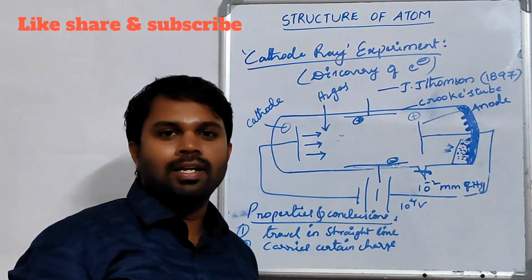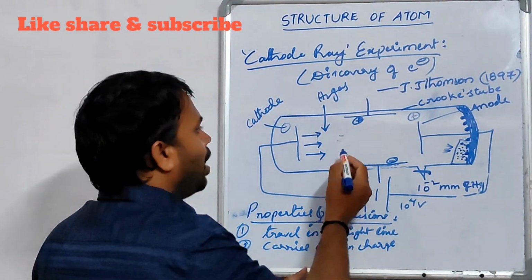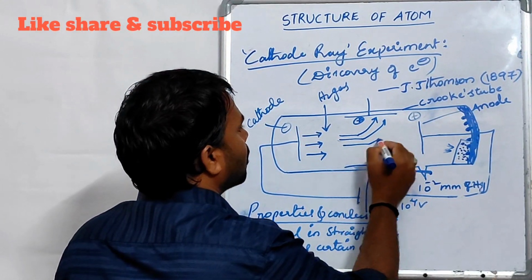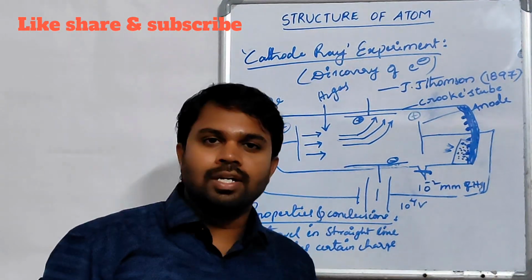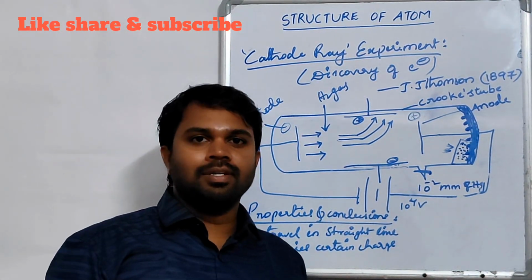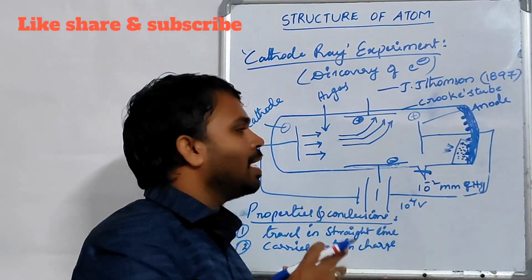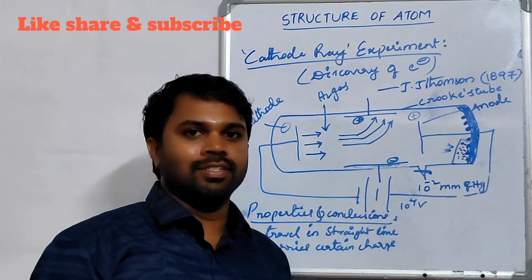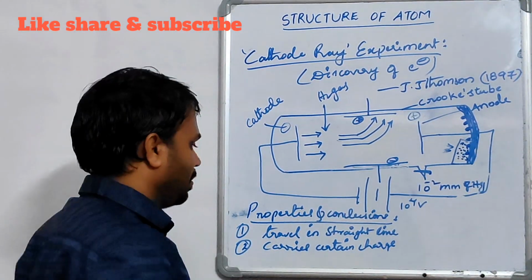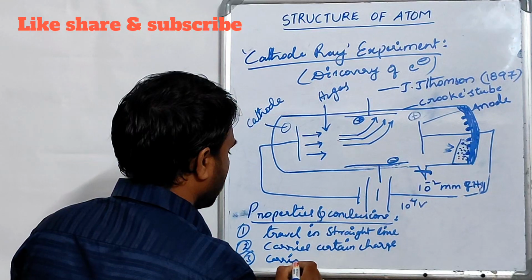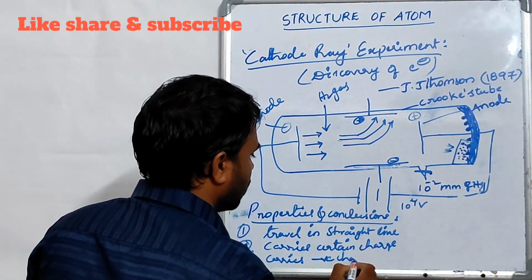When he turned on the battery, he observed that the path of these cathode rays deviated towards the positive plate side. We know that like charges repel and opposite charges attract. Based on this, he concluded that these cathode rays carry negative charge. These are negatively charged particles. The third property is that they carry negative charge.